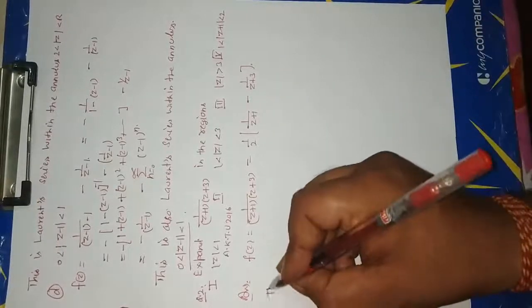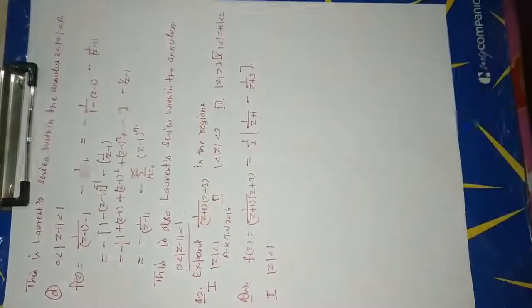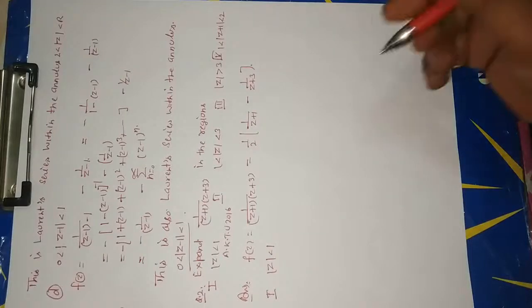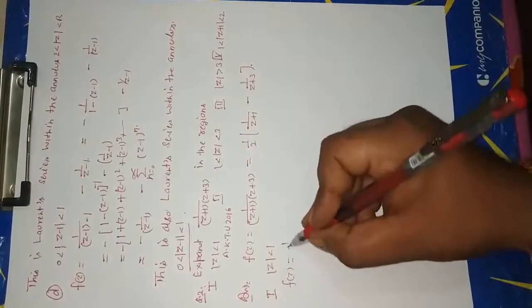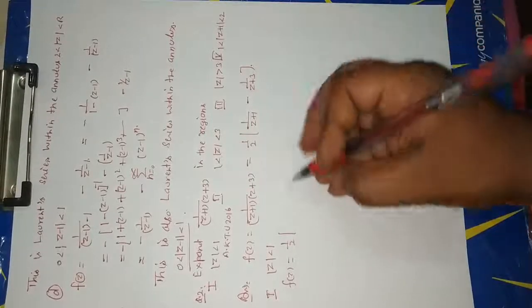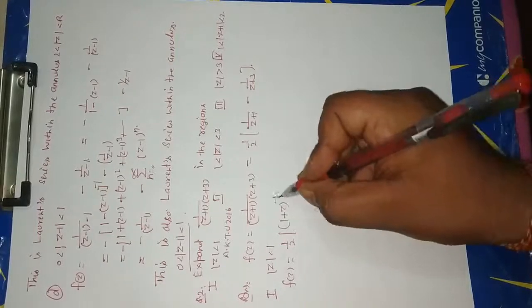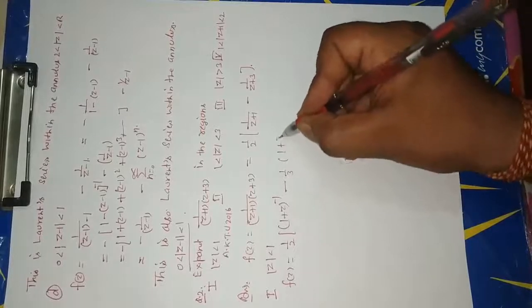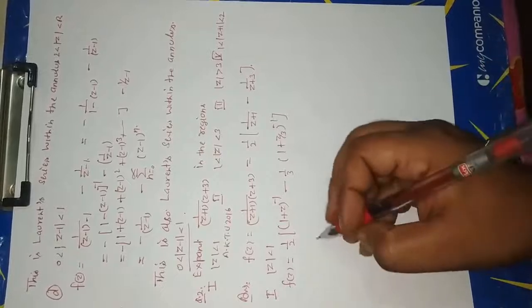Now case number one, |z| < 1, that is 1 is greater than |z|. Now 3 will also be greater than |z|. Therefore f(z) is equal to 1 upon 2 [taking 1 common, (1 + z)^(−1) − 1 upon 3, taking 3 common, (1 + z upon 3)^(−1)].